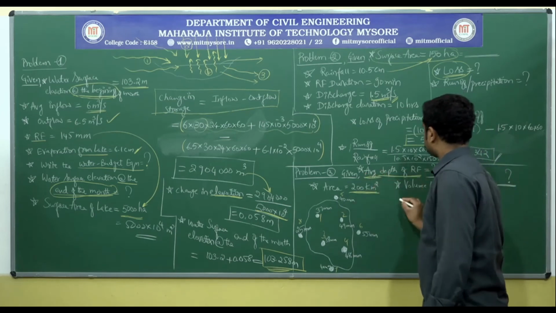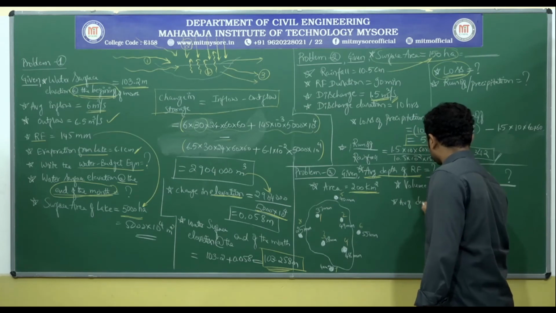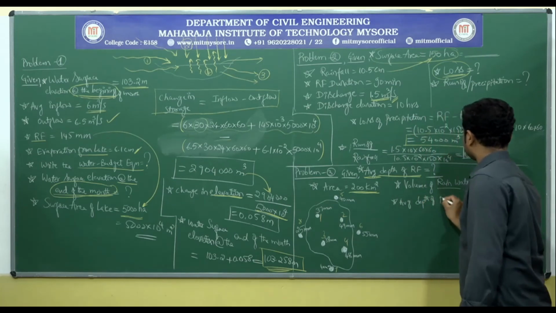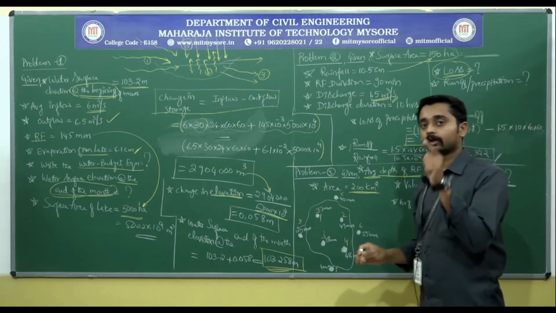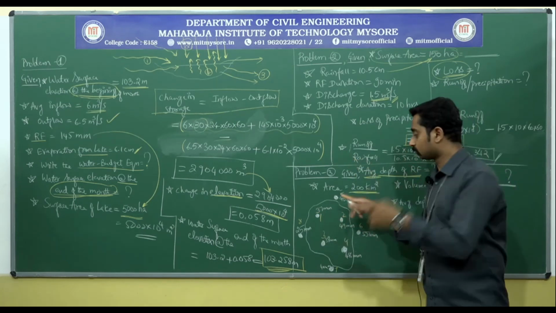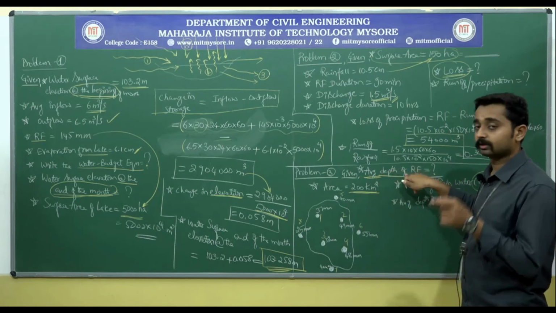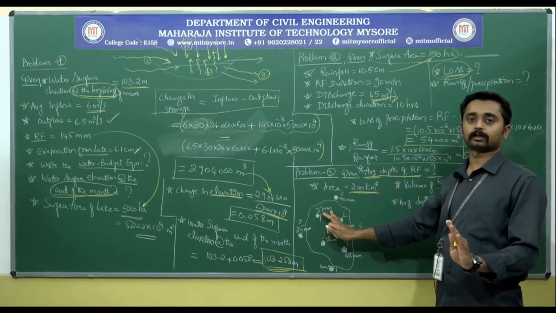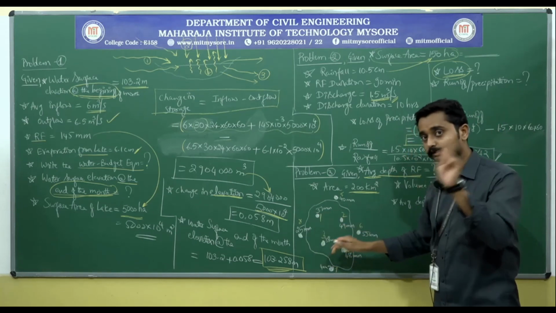We need the average depth of rainfall. We take only the rain gauge stations within the catchment area; if we take those outside, it becomes meaningless. What I need is the average depth of rainfall for this catchment area, so we take only rain gauge stations within the catchment.